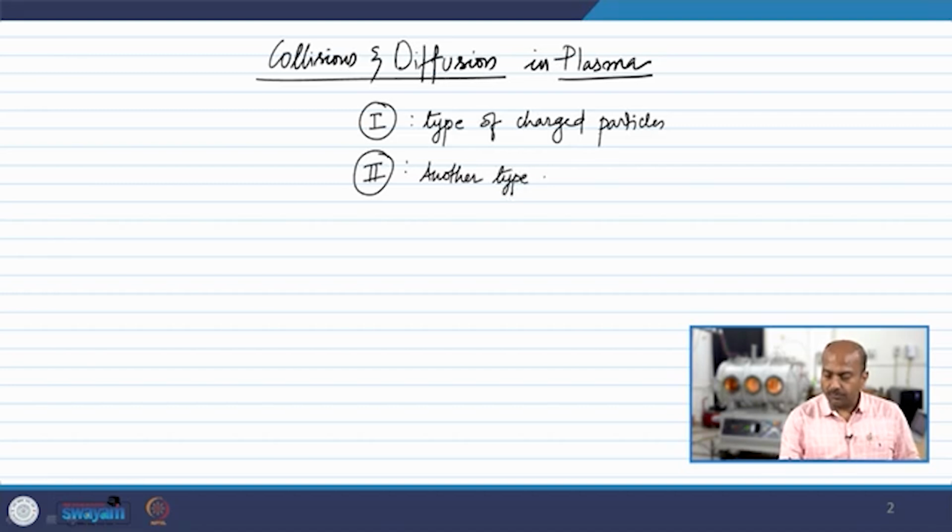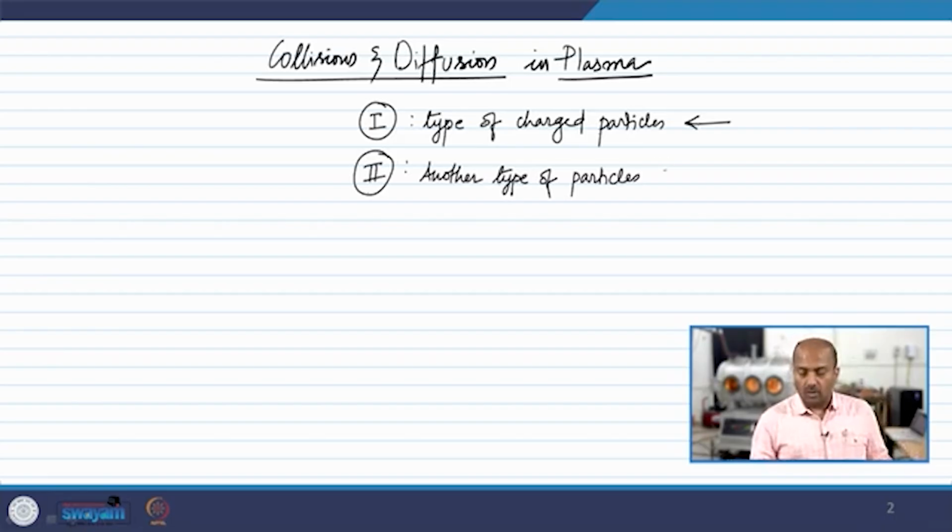So, what we are expecting is we want to understand how the motion of this first type of particles will get affected when they interact or when they collide with another type of particles which is 2.